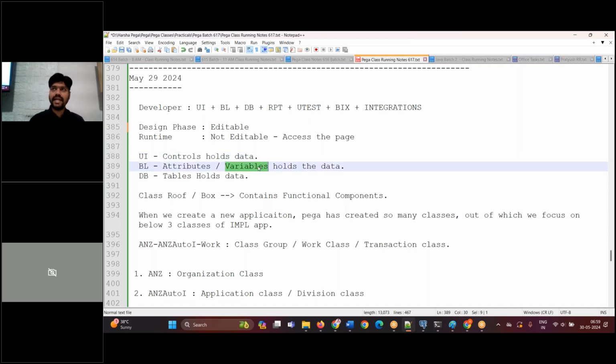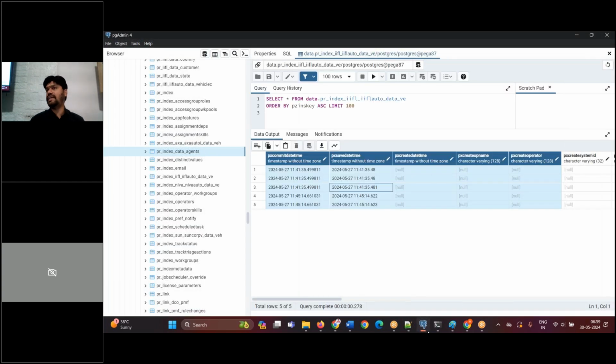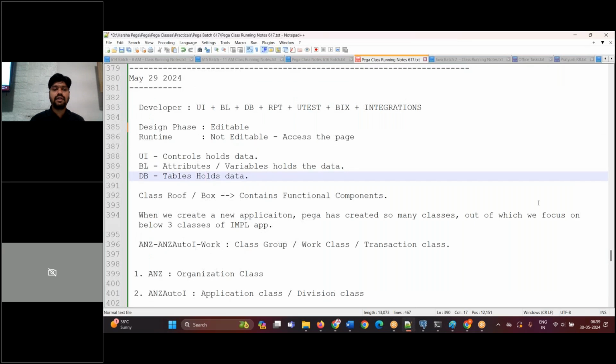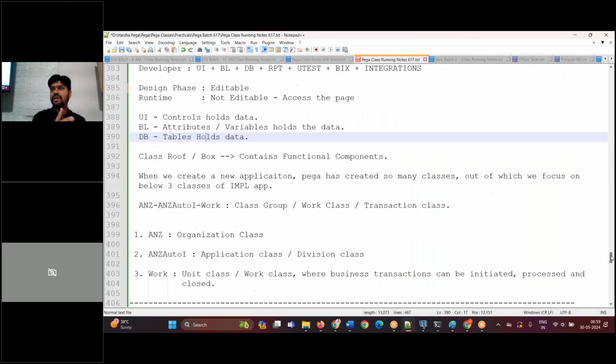And the same data goes to the database, where tables are the data holders. This is typically the communication that happens in a web application from UI to business logic to database: the movement of data and who holds data at what level. UI controls hold the data, business logic variables hold the data, and you can also call them attributes. Database tables hold the data, where you have columns and rows.